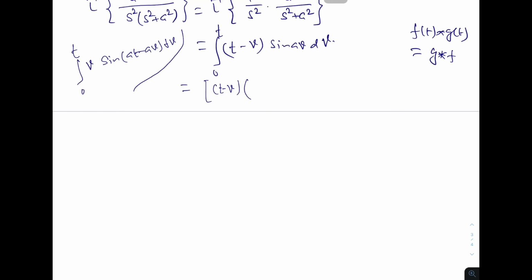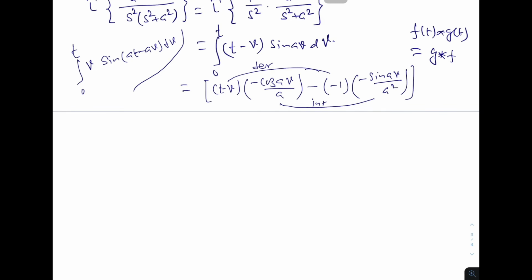The integration of sine is minus cosine av over a, then minus the derivative of t minus v with respect to v, which is minus 1, times the integration of this part, which is minus sine av upon again a, so it is a squared, and the v limit is 0 to t.